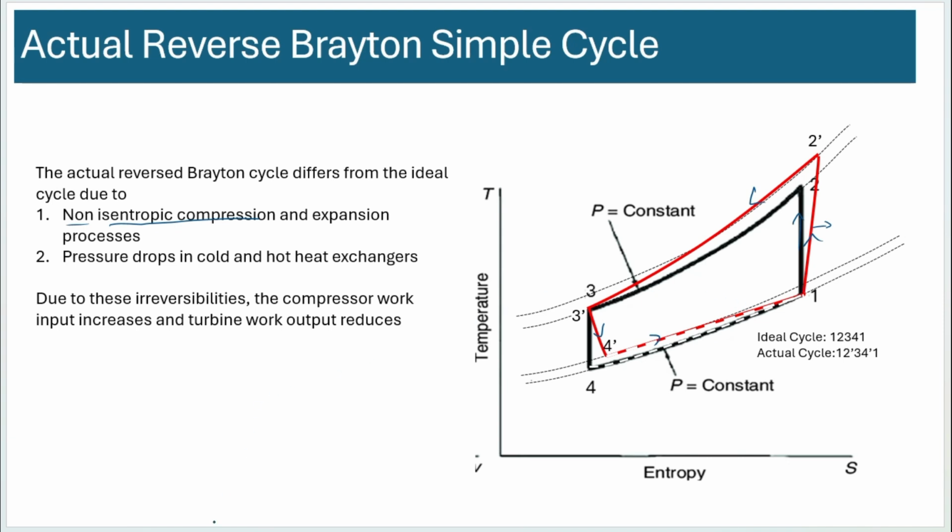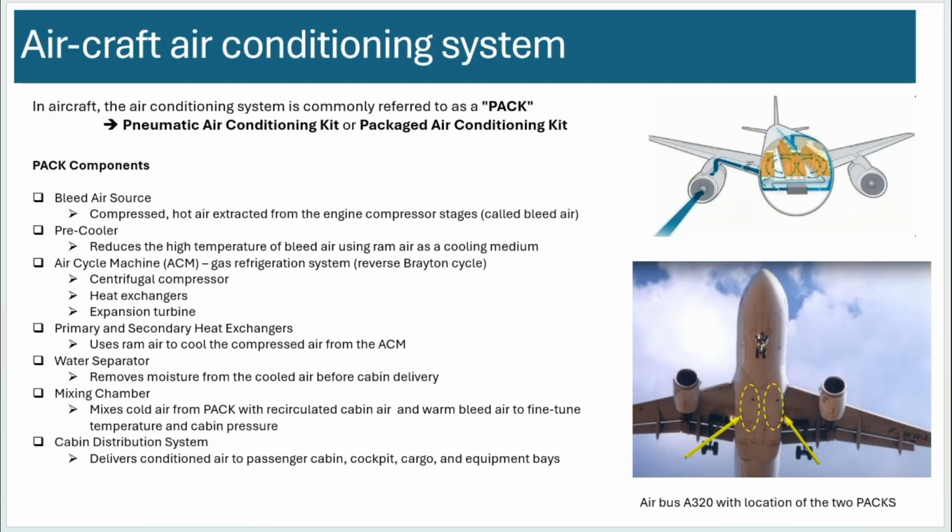Okay. All right. Now let's look at a little bit more in detail on the aircraft air conditioning system. It is typically referred to as PAC units. Okay. And the PAC means packaged air conditioning unit kit, or you could also say pneumatic air conditioning kit. If you look at the aircraft, especially for large aircrafts, it is typically under the aircraft, under the fuselage.